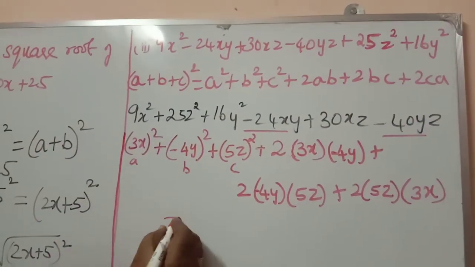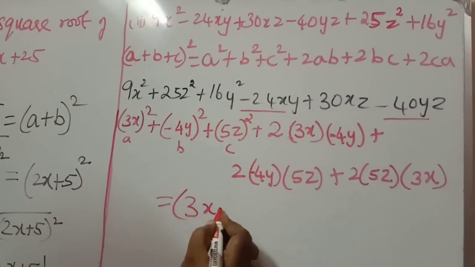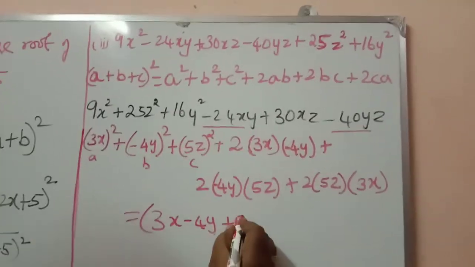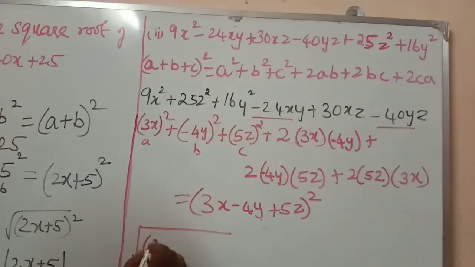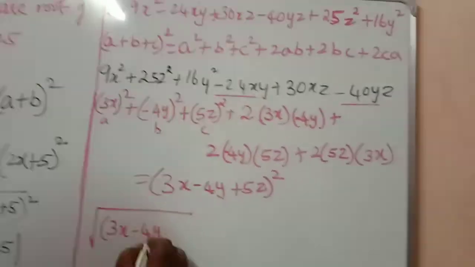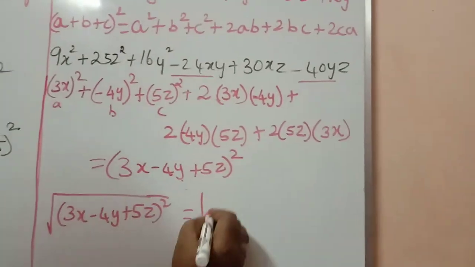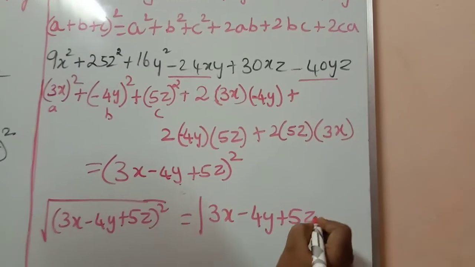So this we can write it as a plus b plus c the whole square. So 3x minus 4y plus 5z the whole square. So now square root of 3x minus 4y plus 5z the whole square is equal to modulus of 3x minus 4y plus 5z.